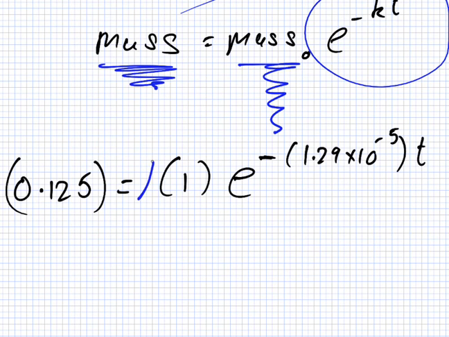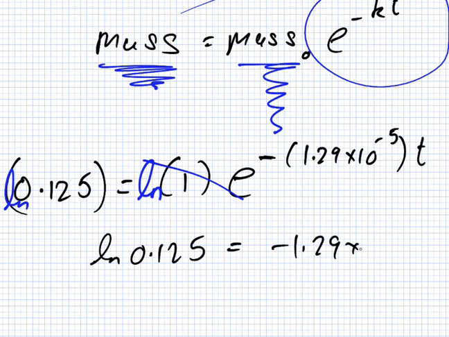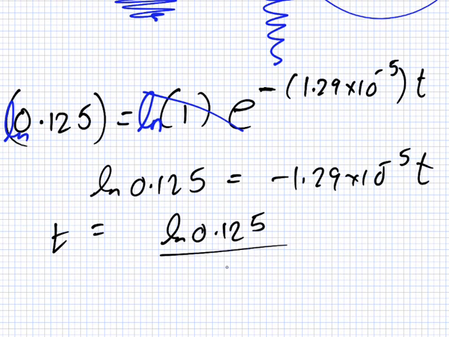So we have log, 1 is gone, and so that cancels the e and log here. So we have log 0.125 equals minus 1.29 times 10 to the minus 5 t. So t would equal, sorry, upside down, log 0.125 over 1.29 times 10 to the minus 5.